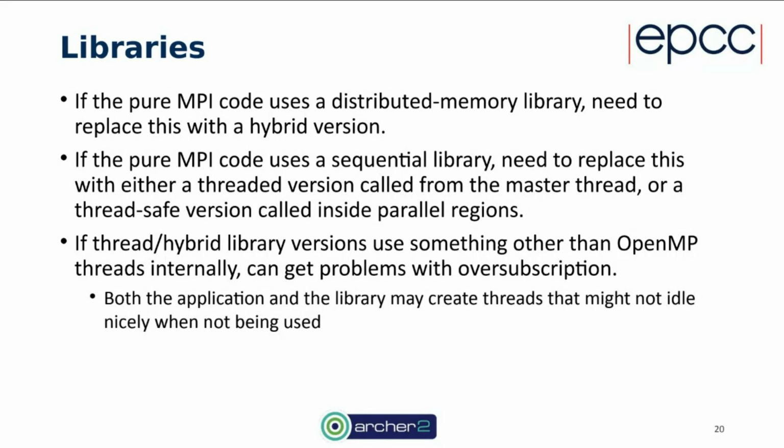If the pure MPI code uses a sequential library, then we may need to replace that either with a threaded version of the library, which is called from the OpenMP master thread, or alternatively, possibly with a thread-safe version of the library that's called from inside OpenMP parallel regions. And again, it's maybe possible that neither of those things exist: that there's a sequential library where no threaded version exists, and neither does a thread-safe version.